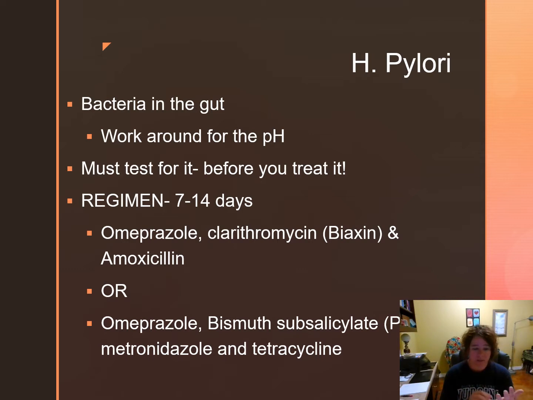So typically what we see here is omeprazole, which is a proton pump inhibitor. We give them clarithromycin, which is an antibiotic and acts on one set of bacteria, and then we give them amoxicillin, which acts on a different type of bacteria. If you're allergic to any of those components, we have another plan which doesn't contain any of the penicillins and contains the alternatives: omeprazole, bismuth subsalicylate.